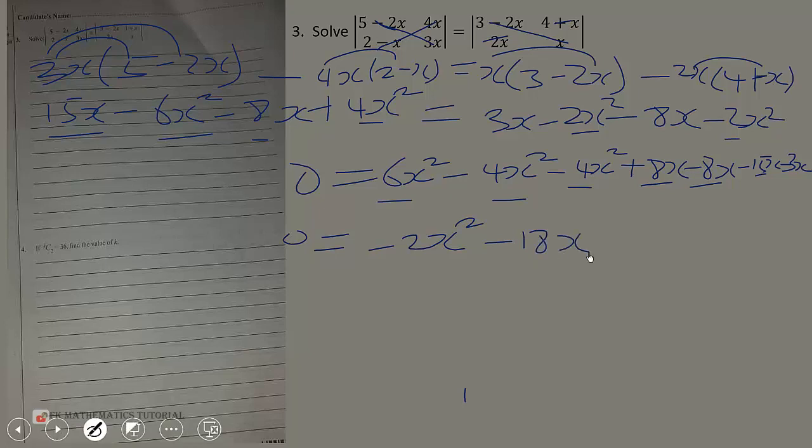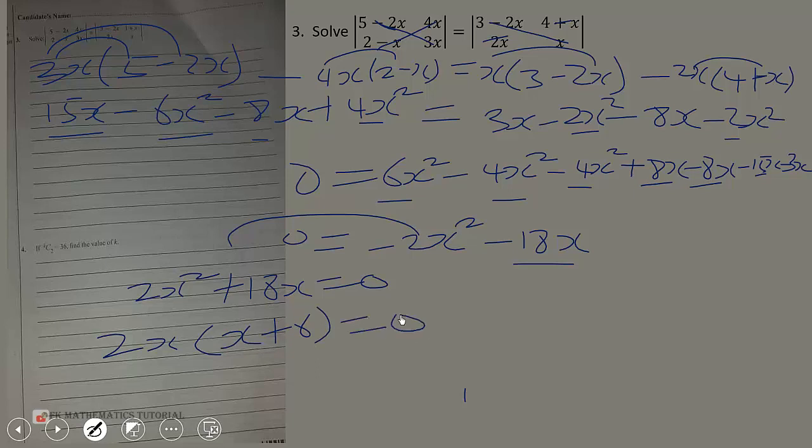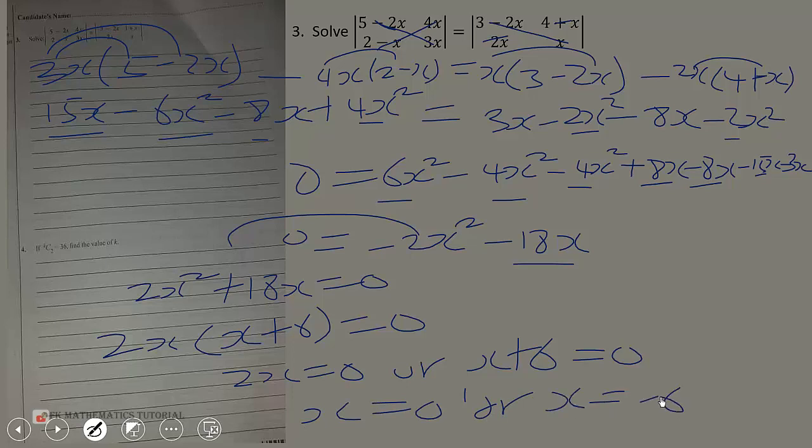So this is the same as, I'm bringing this one to this side, I will get 2x squared plus 18x equals 0. So I can factor 2x out. Then we have x plus 6 inside equals 0. So either 2x equals 0 or x plus 6 equals 0. So that will give us x equals 0 or x equals negative 6.